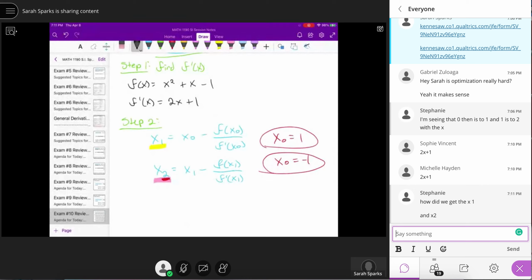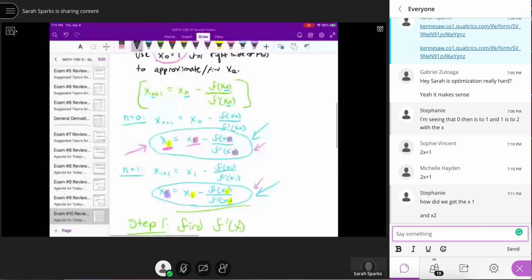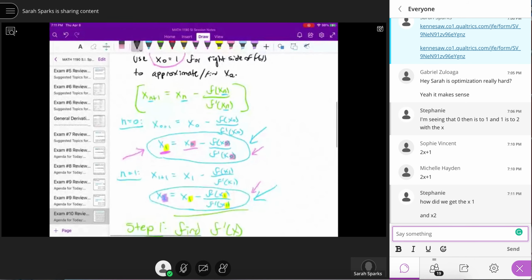How did we get the x1 and x2? Whenever we plugged in our different values for n. This function right here is Newton's method, right? This is the formula you're going to have to know. But you're always going to start by plugging in n equals 0.